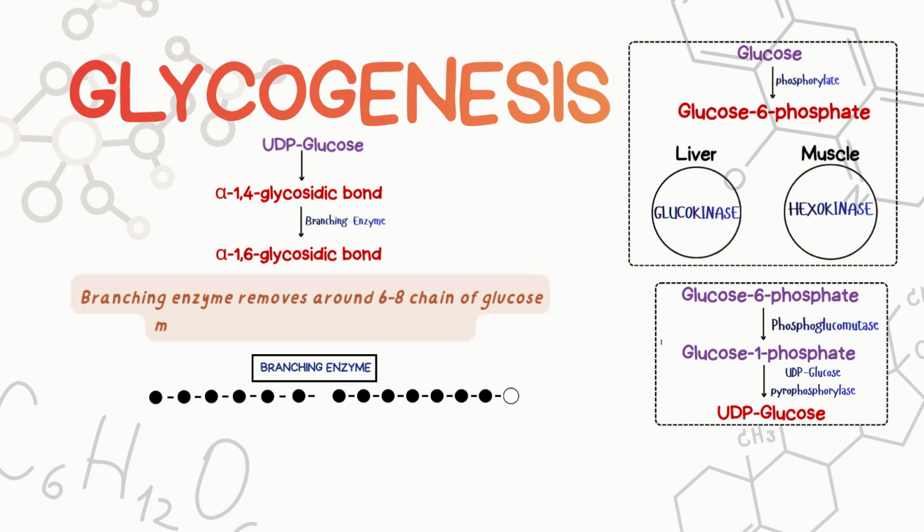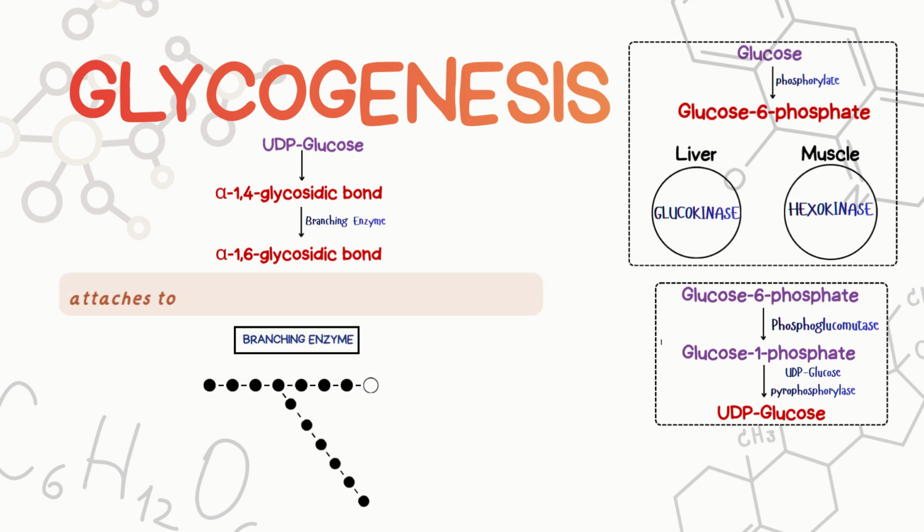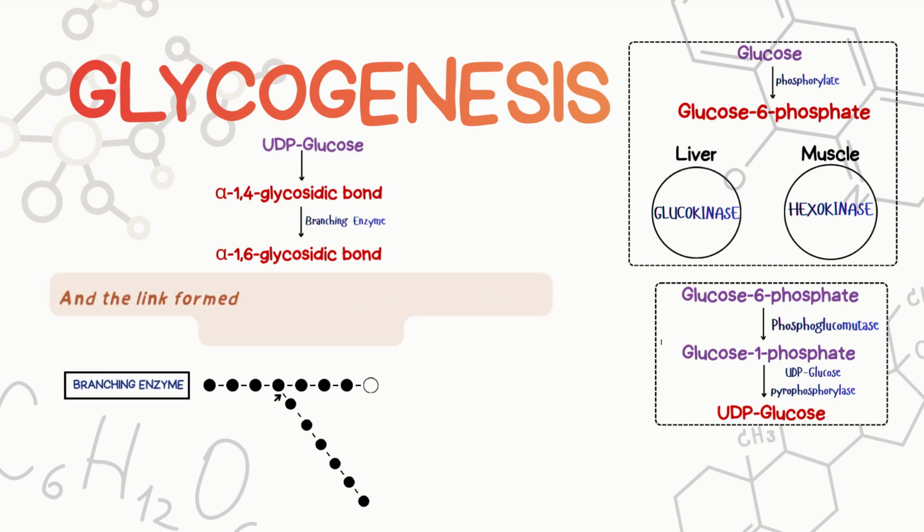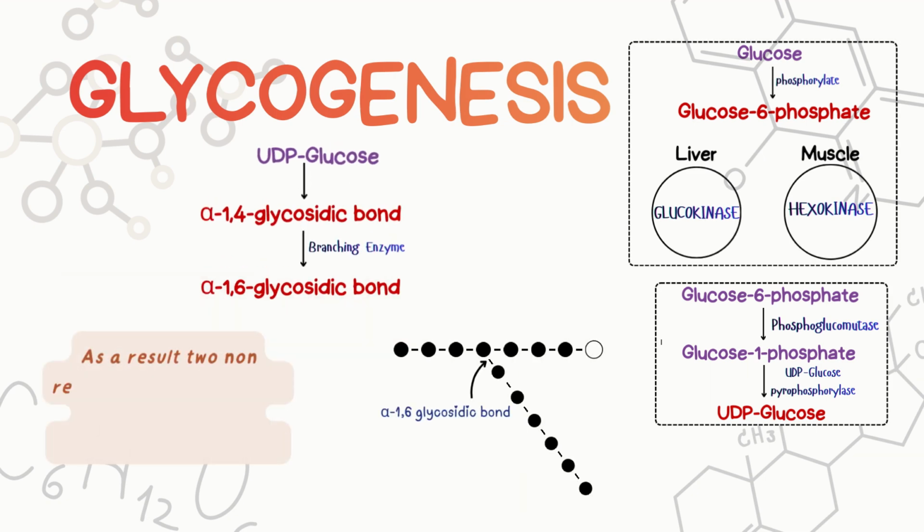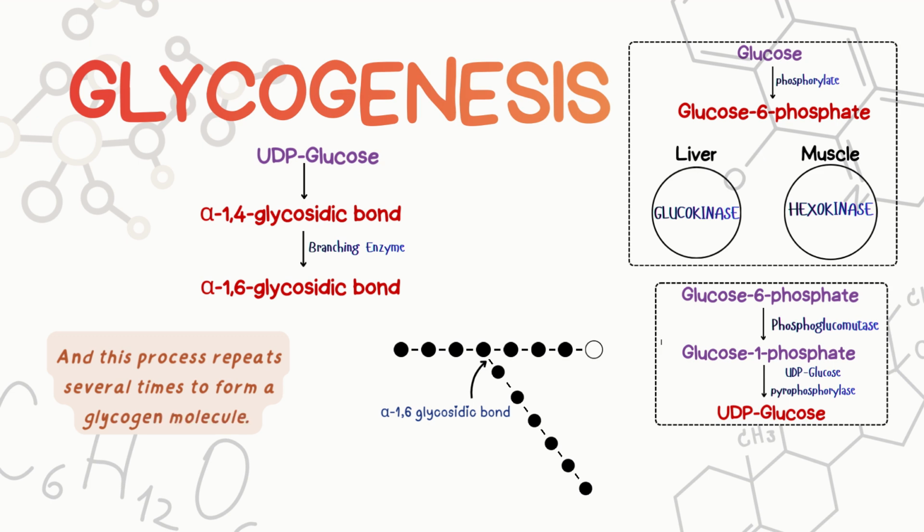It removes around 6 to 8 glucose molecules from the non-reducing end and attaches them to an internally positioned residue. The link formed between these attached molecules is called an alpha-1,6 glycosidic bond. As a result, two non-reducing ends are formed and elongation can continue from both sides. More and more branches are created by the same process over and over. This process repeats several times to form a glycogen molecule.